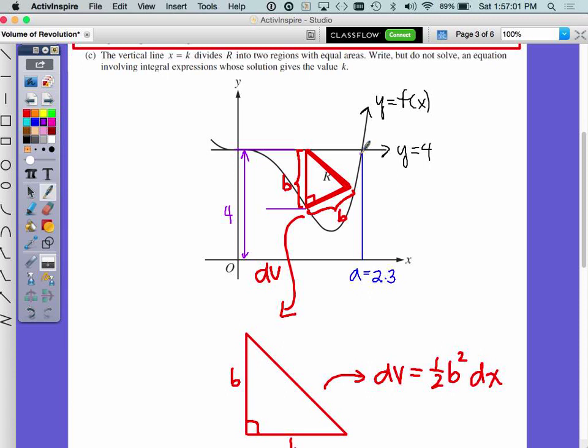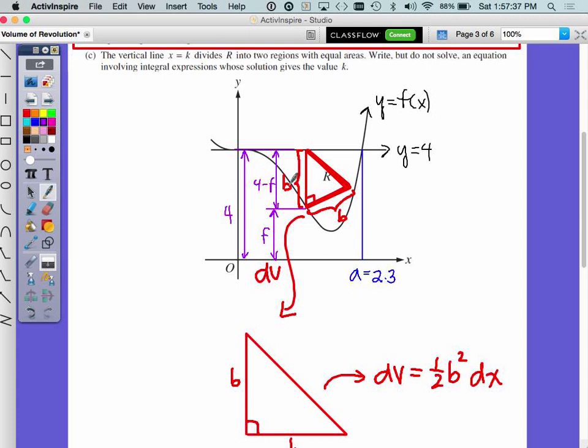The bottom of the triangle, however, is going to be changing with the curve. The distance from the x-axis up to the bottom of the triangle is going to be my function, f. So it's pretty clear that the distance we want, our distance b, must be this distance, which is 4, minus this distance, which is f. So this must be 4 minus f.